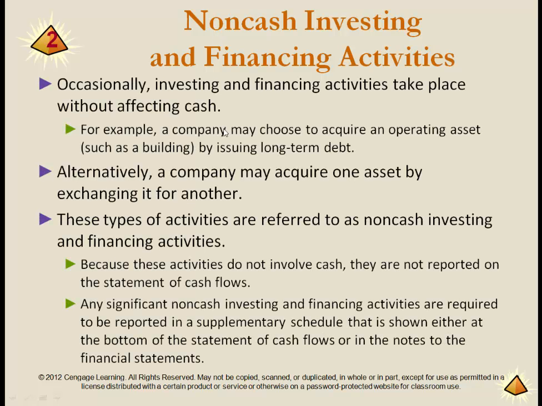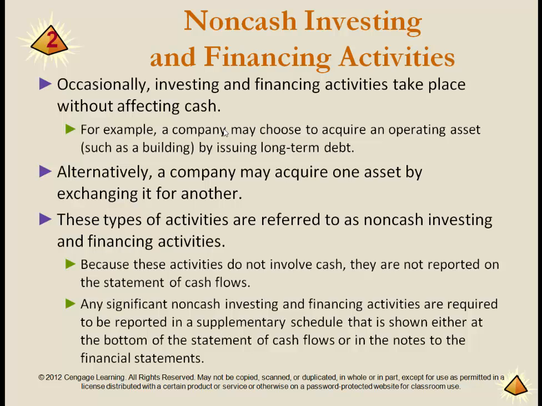You also have something called non-cash investing and financing activities. These are things where maybe you did a 100% loan to buy that moving truck we talked about earlier, or you might exchange one asset for another. Typically, that's going to be a barter, and they're non-cash activities, and they're reported on the statement of cash flows, but they're reported as a note.